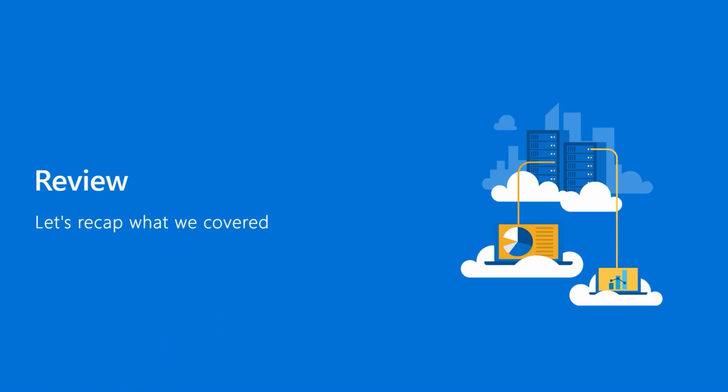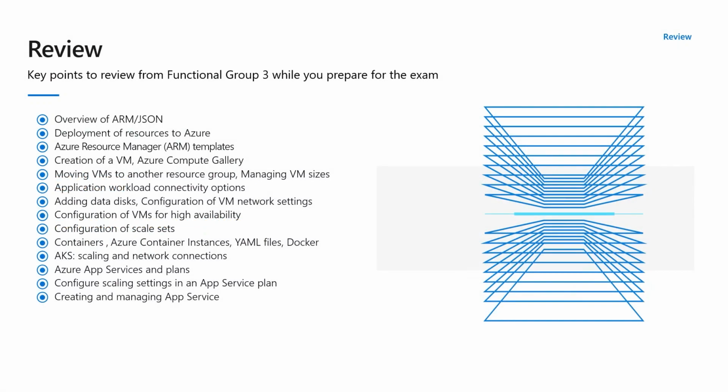Let's review what we've covered in functional area 3. Here are the key topics that we've discussed that will prepare you for this functional group. We discussed ARM, Azure Resource Manager, JSON files and templates. We discussed Azure Compute Gallery and how to create a virtual machine and rely on that gallery to help us do so.